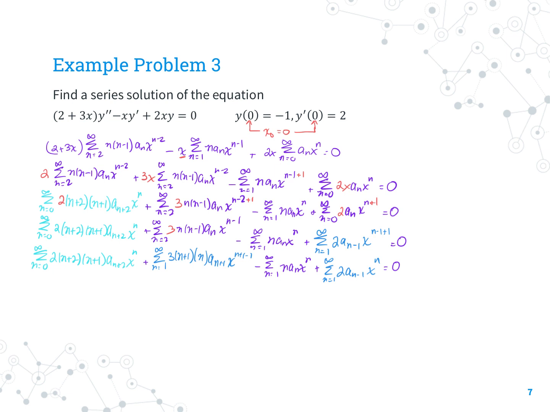So it looks like now we've got our sum from n equals 0 to infinity of 2(n+2)(n+1) a sub n+2 x to the n, plus our sum now from n equals 1 to infinity of 3, and I'm going to move the n to the front, so 3 times (n+1) a sub n+1 x to the n, minus our sum from n equals 1 to infinity of n a sub n x to the n, plus our last sum from n equals 1 to infinity of 2 a sub n-1 x to the n.